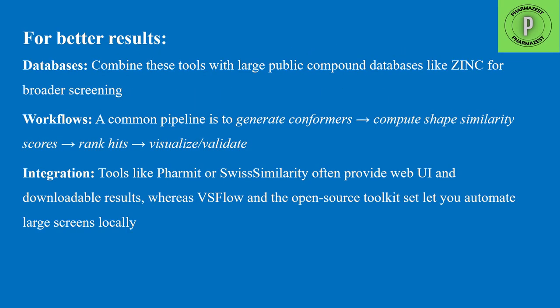For better results in shape-based screening, you should take large databases like ZINC or PubChem where millions of molecules are available, generate the conformers, compute the shape similarity, give the ranking and visualize them. You can also integrate tools like Pharmit or SwissSimilarity for better results.